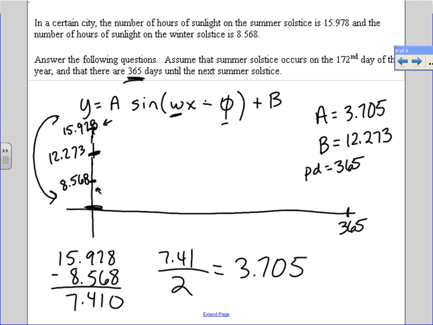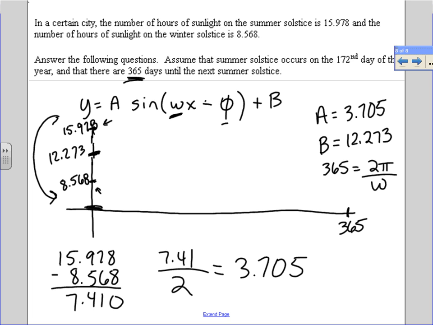What we're trying to find is that variable omega. So recall this here. The period is equal to 2 pi over omega. Now, we've just figured out here that the period would be 365 days. So we'd say 365 equals 2 pi over omega. Now, let's solve for omega there.